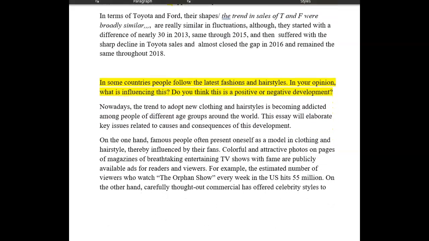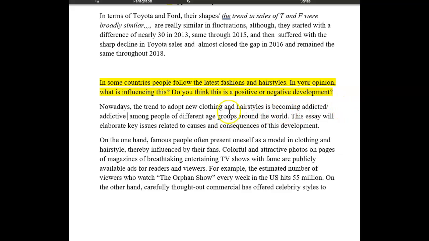Okay, this is a strange question, isn't it? Nowadays, the trend to adopt new clothing and hairstyles is becoming addictive among people of different age groups around the world.